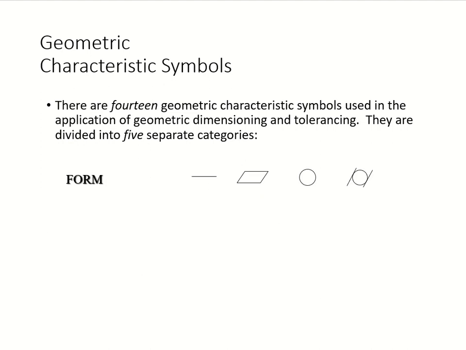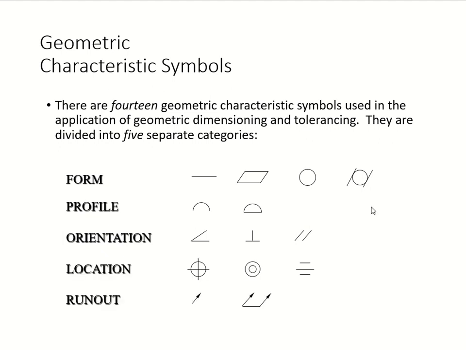They're divided into 5 categories. The 14 geometric characteristic symbols: the first category is form, then profile, orientation, location, and runout. So all these symbols are put into 5 categories, 14 geometric characteristic symbols altogether. This symbol belongs to the form category, this one belongs to the profile category, and this one belongs to orientation.